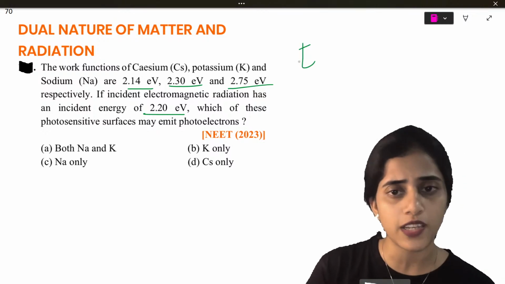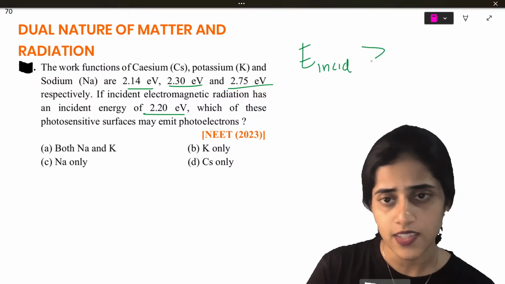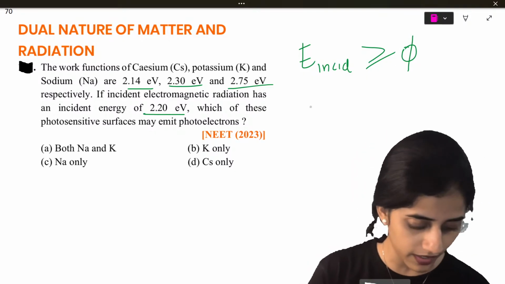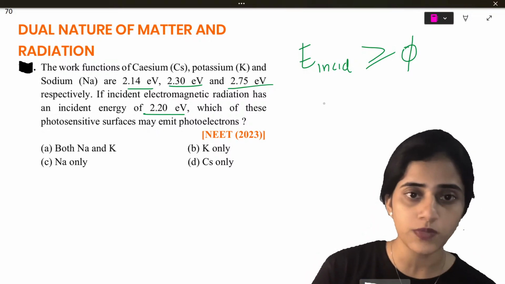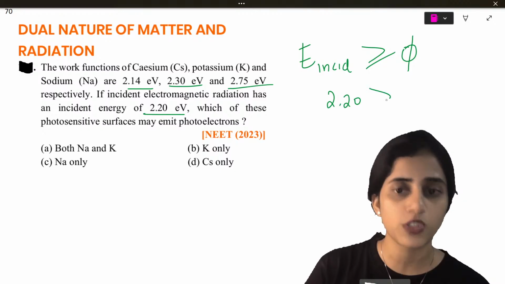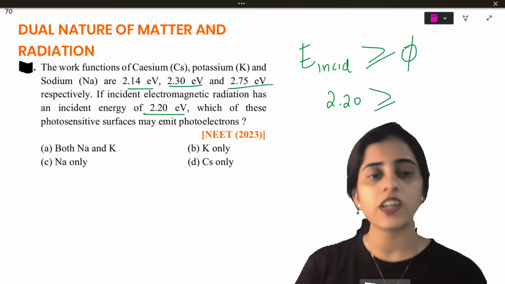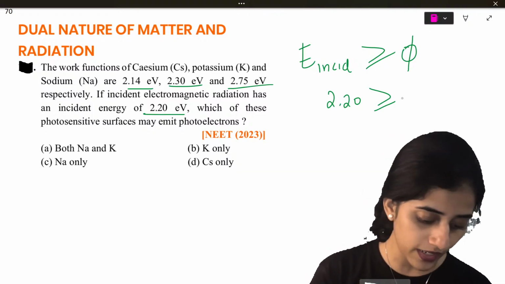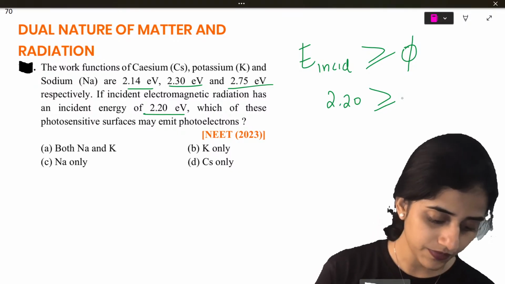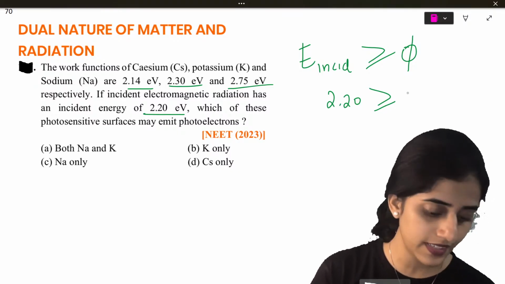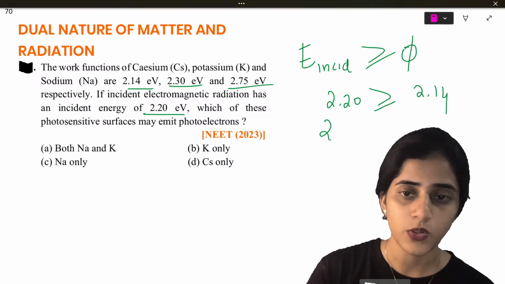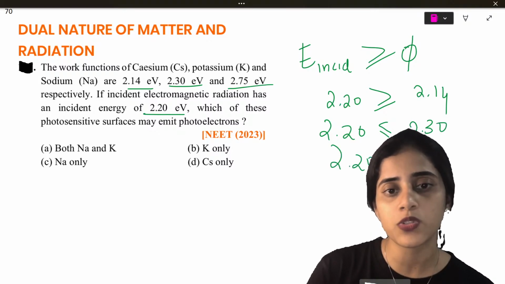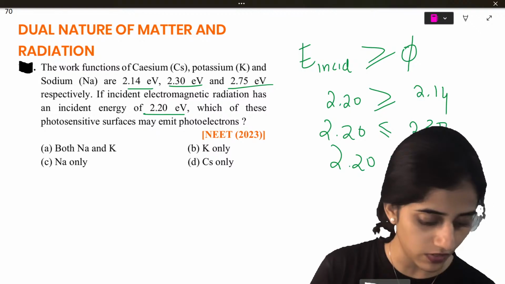The only thing that you have to check is whether E incident is greater than or equal to the work function. The value is 2.20, so 2.20 has to be greater than or equal to the first one, 2.14, yes. 2.30, no. 2.75, no. 2.20 is greater than 2.14. 2.20 is less than 2.30. 2.20 is less than 2.75.